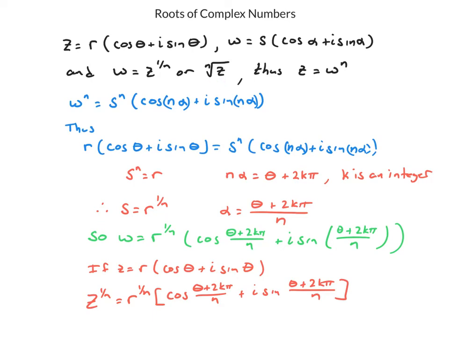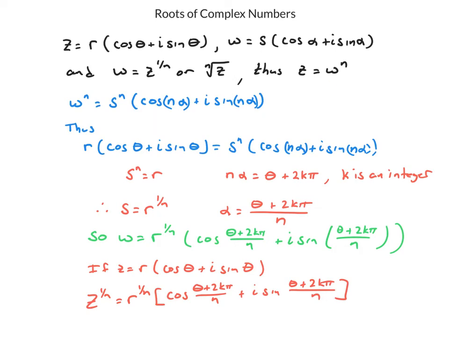And therefore, z is equal to w to the n power. So if I take this and solve it for z, I'm going to get this. And now I have that z equals w to a power.